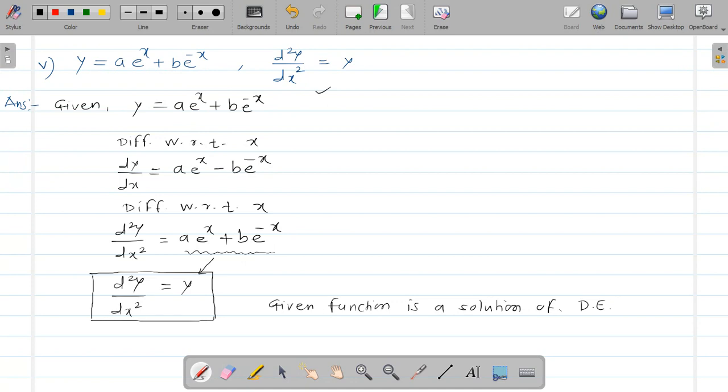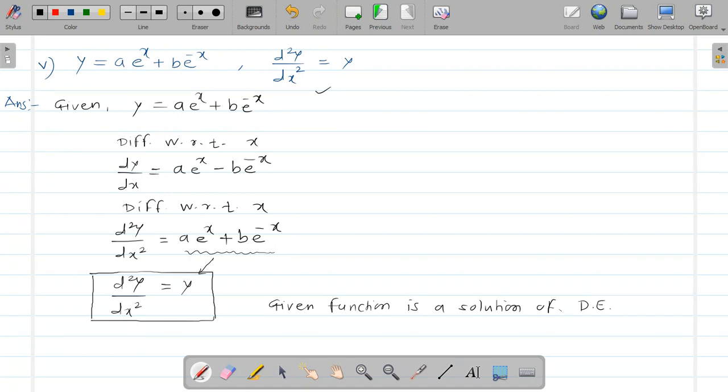Then you can say that the given function is a solution of the differential equation. Or otherwise, you take the LHS of the differential equation, put the value there and try to get the RHS, then also you can say that the given function is a solution of the differential equation.